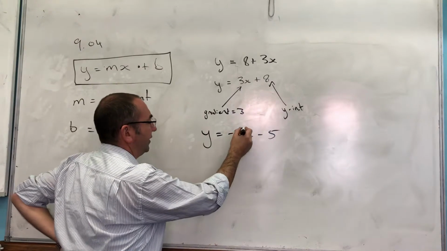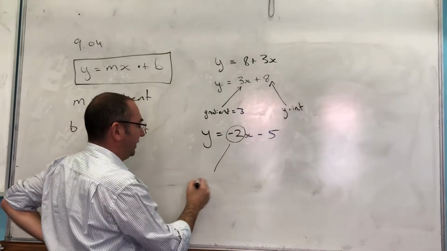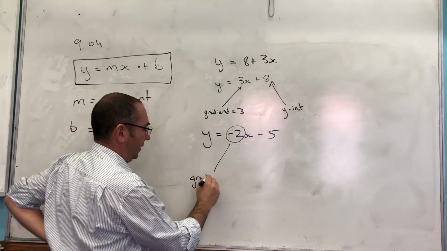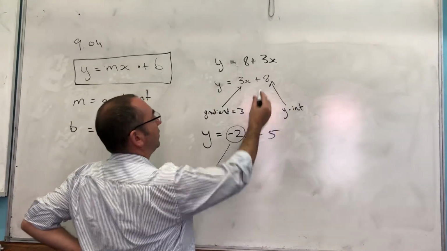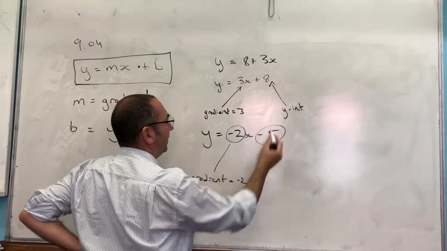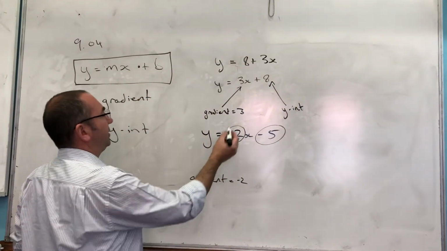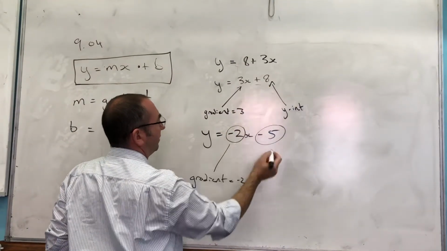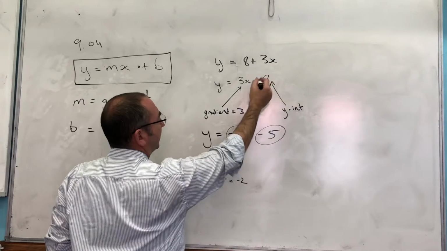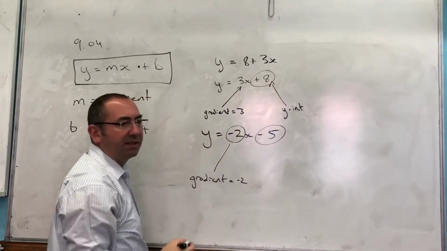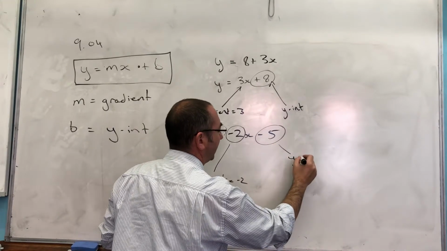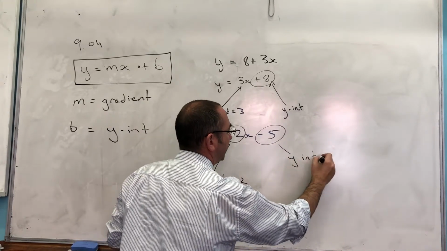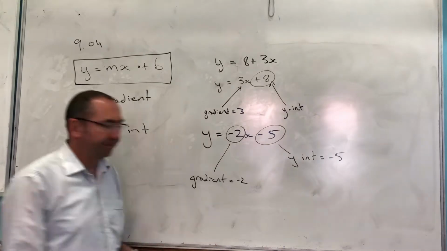So what's the coefficient of x? Because that's the gradient. The gradient is minus 2, and then the y-intercept is the b value, and the only reason that this might be tricky is because it's a negative number, not a positive number. Previously it was a positive number, plus 8. Here it's a negative number, minus 5, but that shouldn't trouble you. The y-intercept is equal to minus 5.